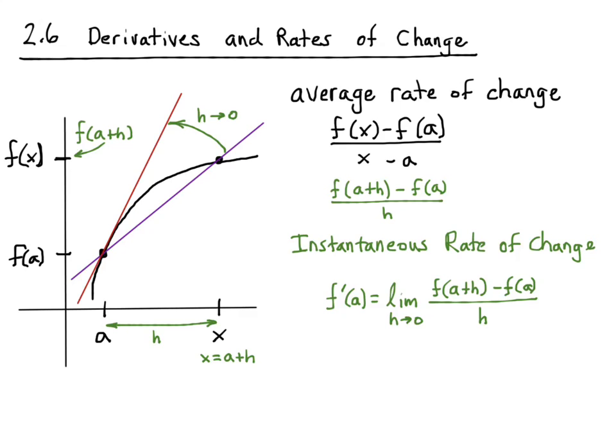So you can see that as I'm moving that, if I make h smaller, I'm moving that point closer to a, and so f at a plus h gets closer to f at a, and we ultimately end up with the secant line. The limit of the slope of that secant line is going to be the tangent line.